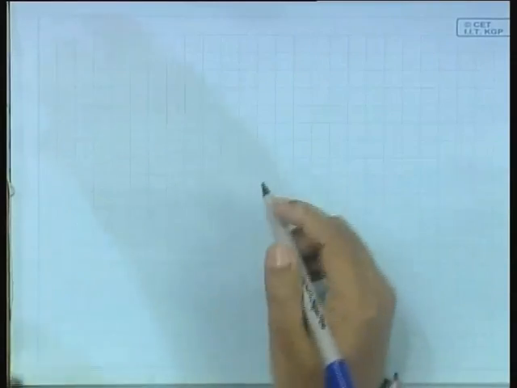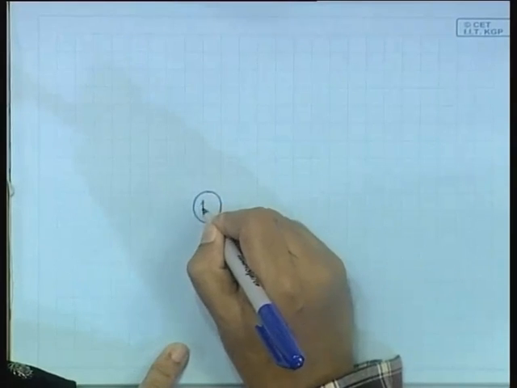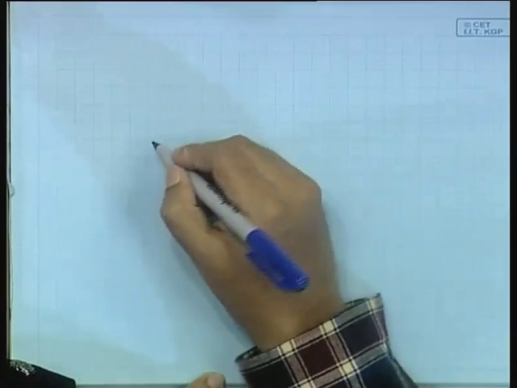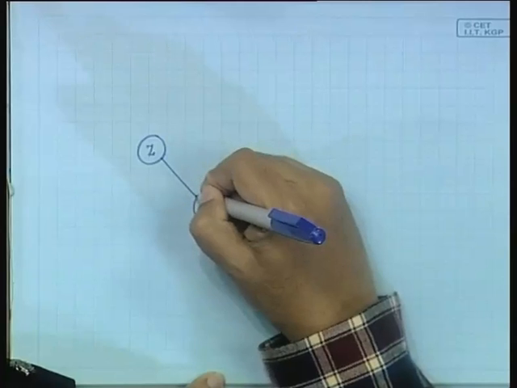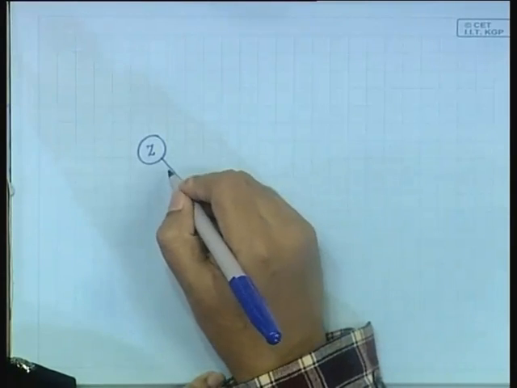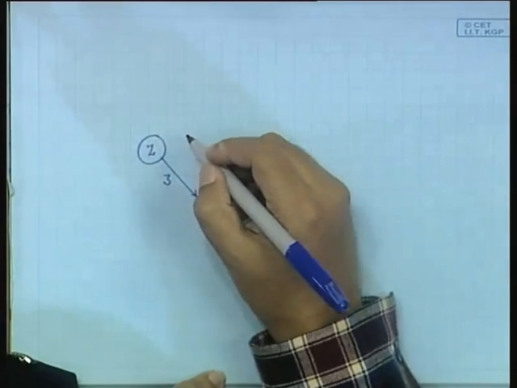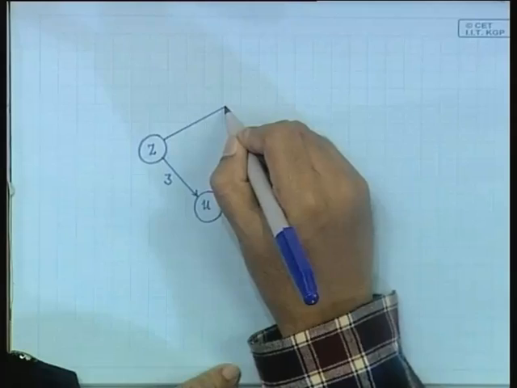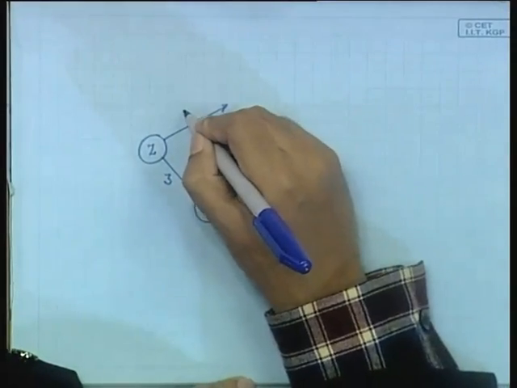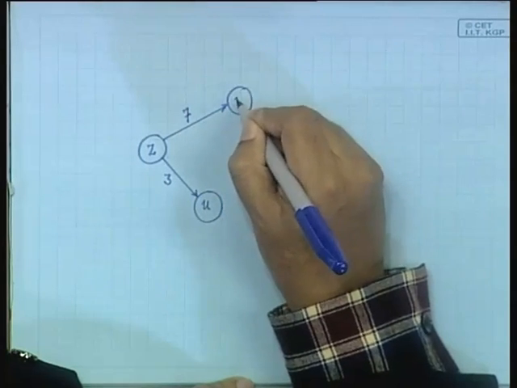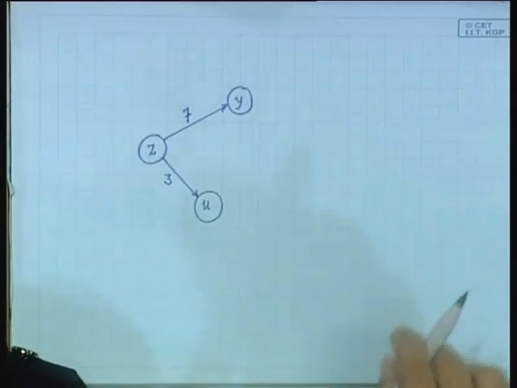Now, suppose at some point of time I have this node U and I have this node Z, and Z is at a distance of 3 from U, okay. And then at a distance 7 there is some Y. Let me go by number of hops.